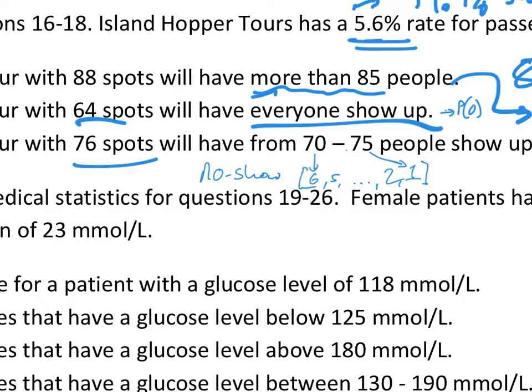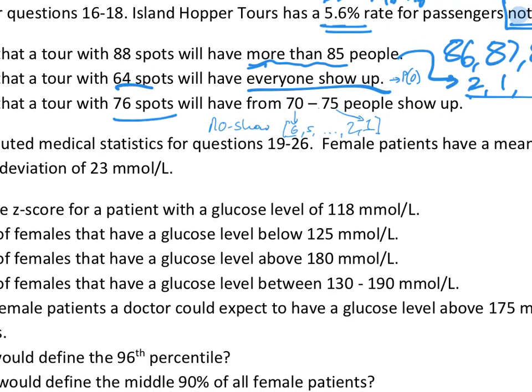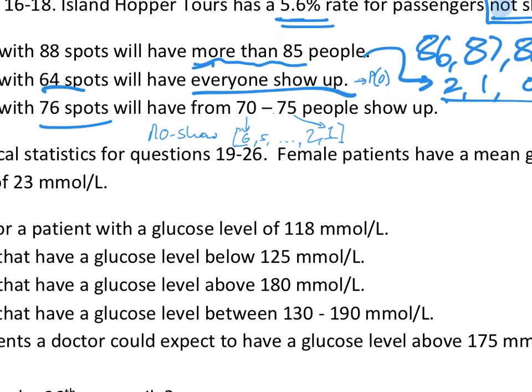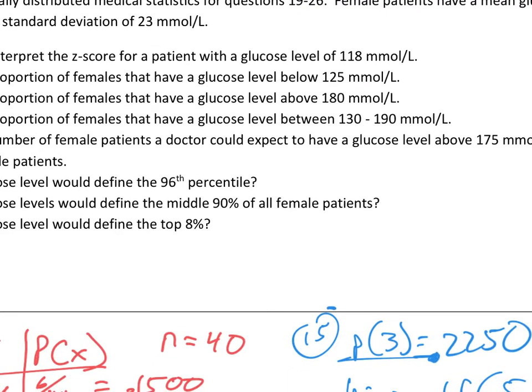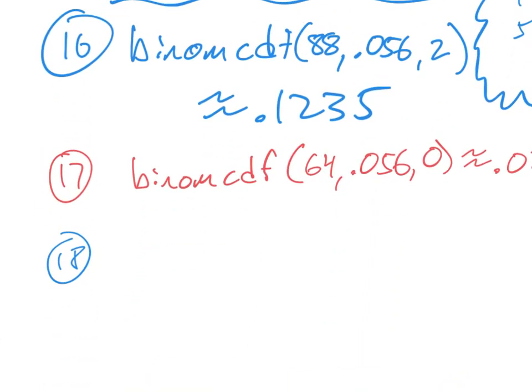We need to total that up. Notice we're not talking about 0. There's no 0 on this list. Okay, so this is all the probability of no-shows from 6 down, and then we need to subtract off the probability of 0. Okay, so we're going to have the probability that x is less than or equal to 6, but we're going to subtract the probability of 0.